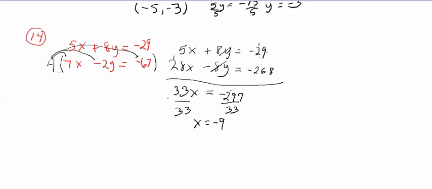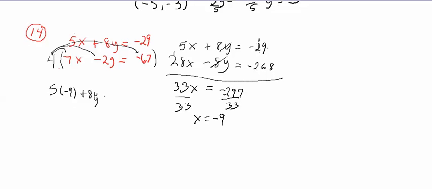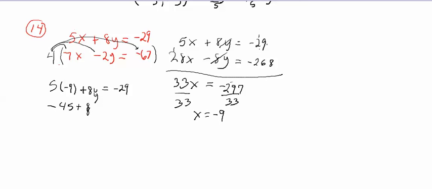Now I plug that -9 in. I'm going to go ahead and do the top one. 5 times -9 plus 8y is equal to -29. I have -45 plus 8y is equal to -29. Add 45.